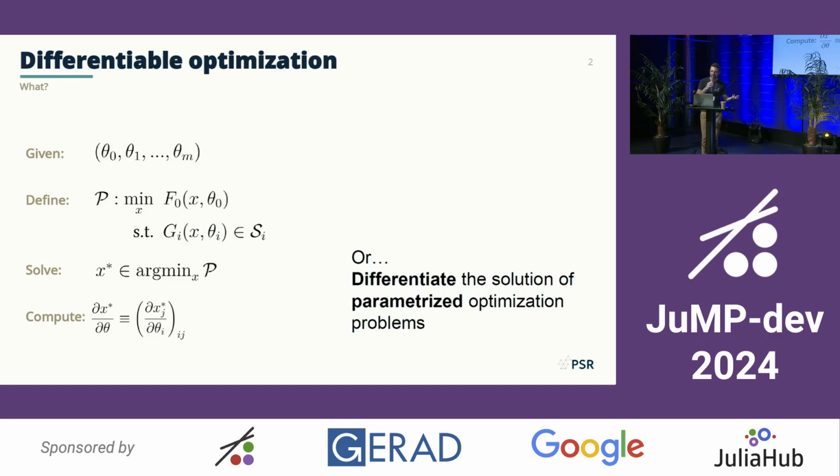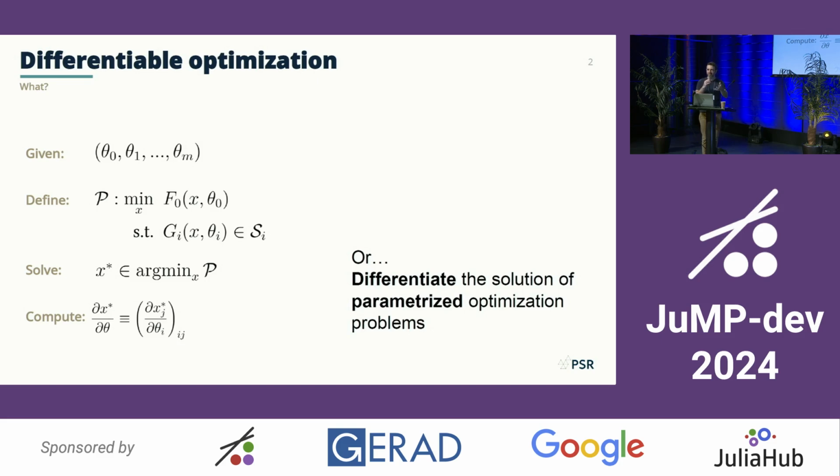And then you can solve this optimization problem. You get your X star, and then here comes the thing that is usually different from most of what we are used to: now we want to differentiate the solution of this optimization problem, X star, with respect to the parameters, okay?